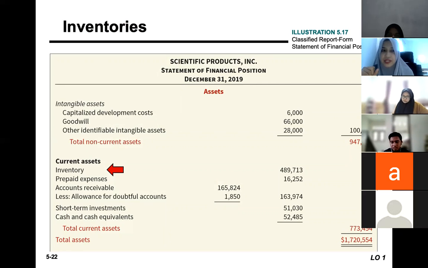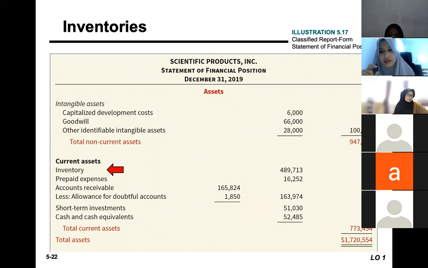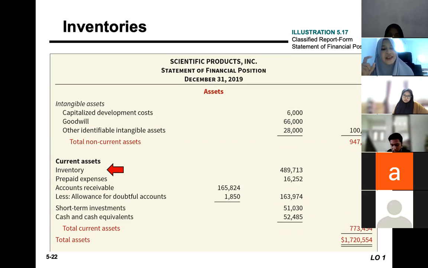For example, Fira, your original cost of the inventory, who asked this now, Fira, I assume. For example, the cost of your inventory was 1 million, but you need additional cost due to the current condition to repack that inventory. So you have to consider the additional cost that incurred to the inventory.